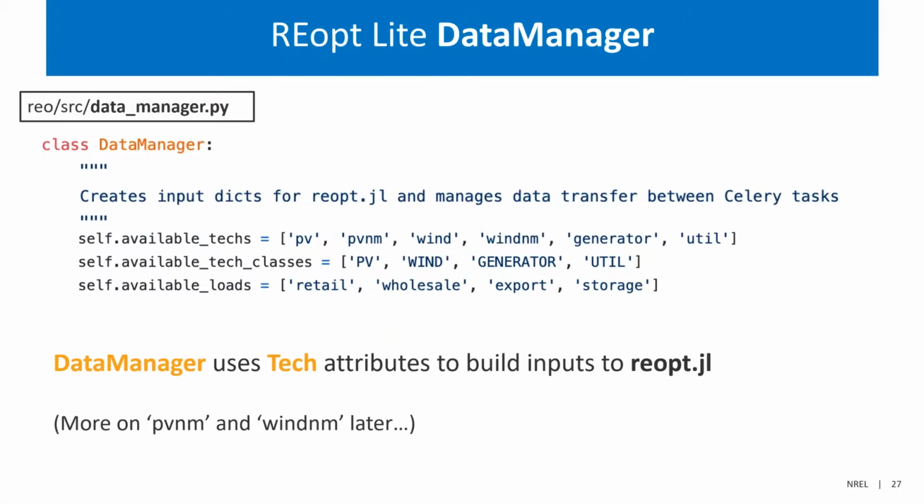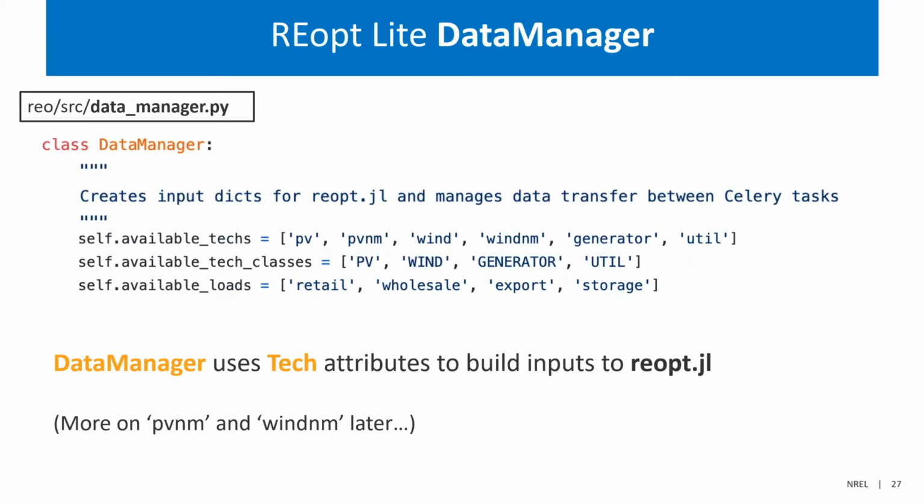We see it has some attributes, which are lists of strings for the available tech classes, and the 4 available loads. As I mentioned, a tech is this generic generator that can meet load. And so within the REopt Lite API, we have these 4 loads and these 4 techs. I'll talk more about this PVNM and WINDNM, but NM stands for net metering. And we'll see how this is used to set up the constraints within the optimization model.